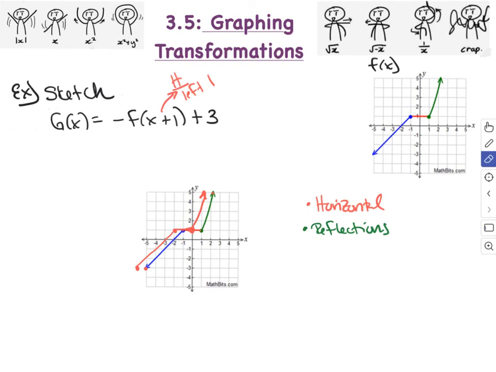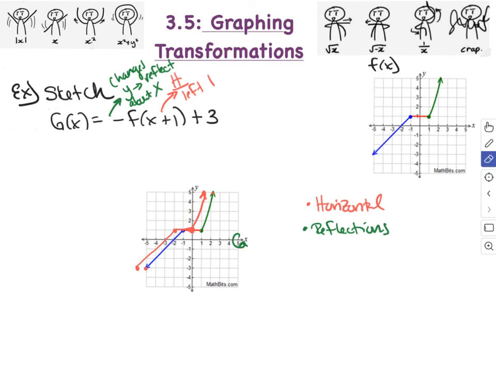And remember, the negative out front is going to change the y values. So if we're changing positive y's to negative and negative y's to positive, that's a back and forth reflection about the x-axis.